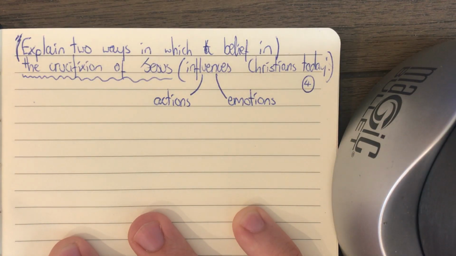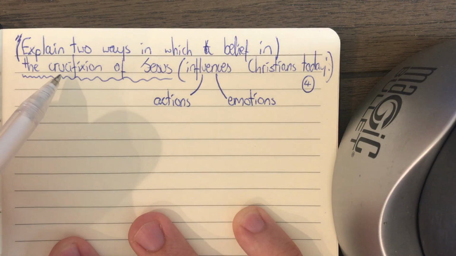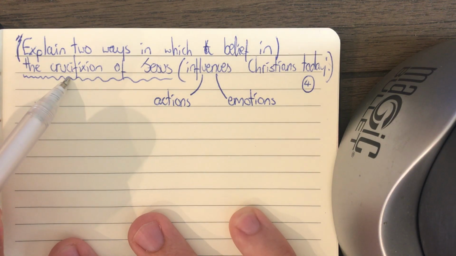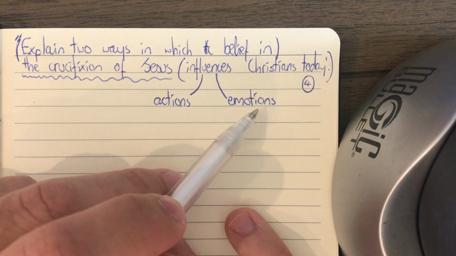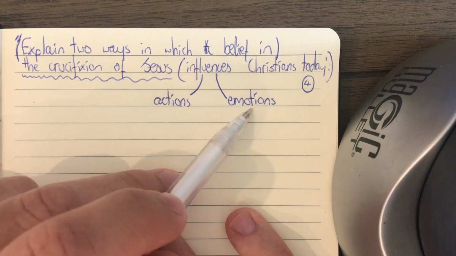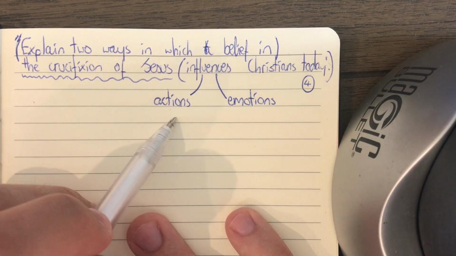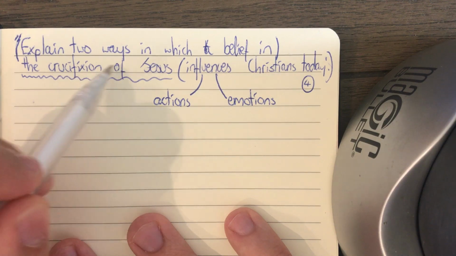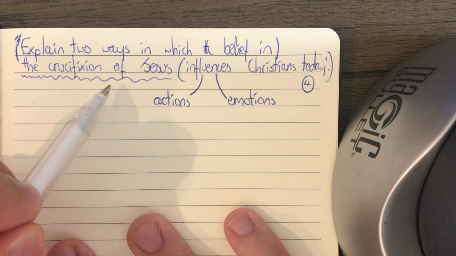So 2 ways specifically that the belief in this event either causes Christians to do things or feel things, and you have to link these influences to this specific belief and this specific event.